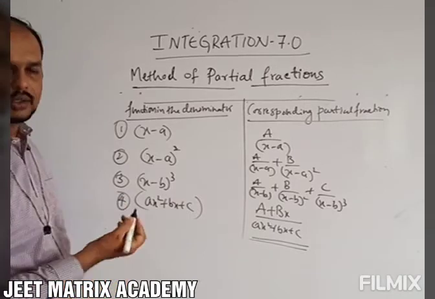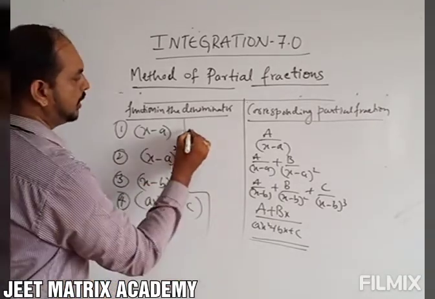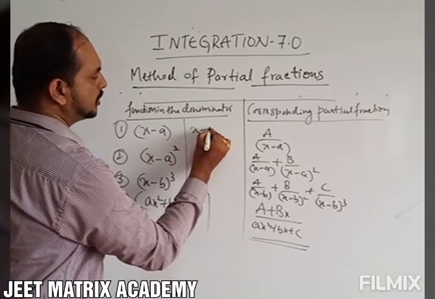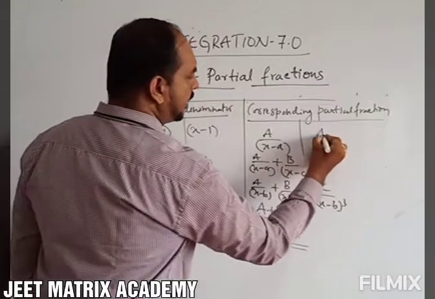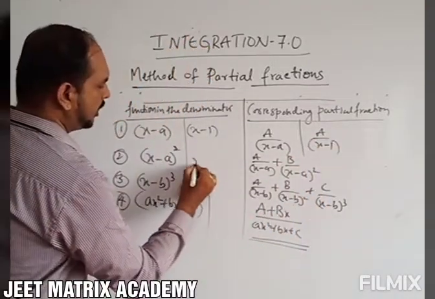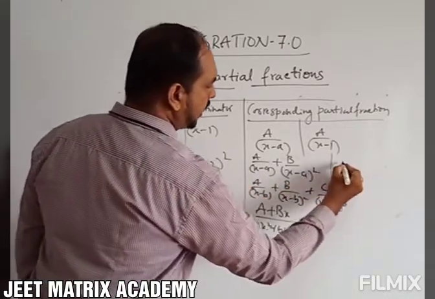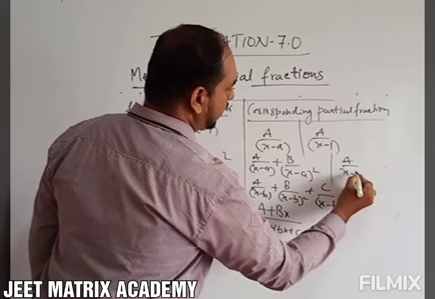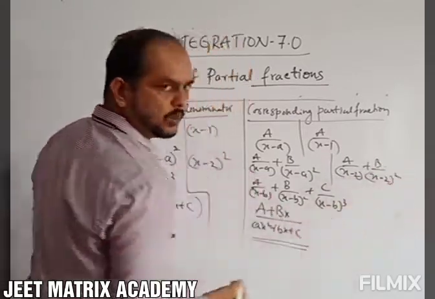Again, I will give examples for all these. For example, for x minus 1, we could write A divided by x minus 1. For x minus 2 whole square, we can write A divided by x minus 2 plus B divided by x minus 2 whole square.